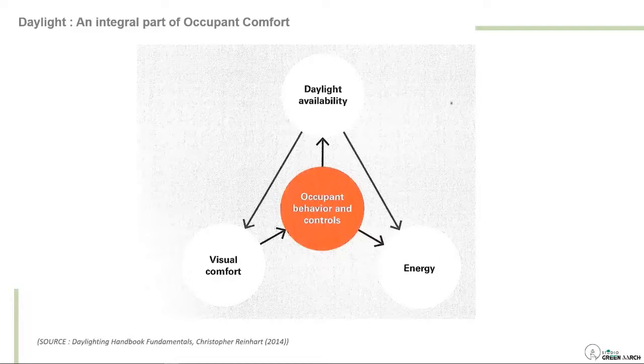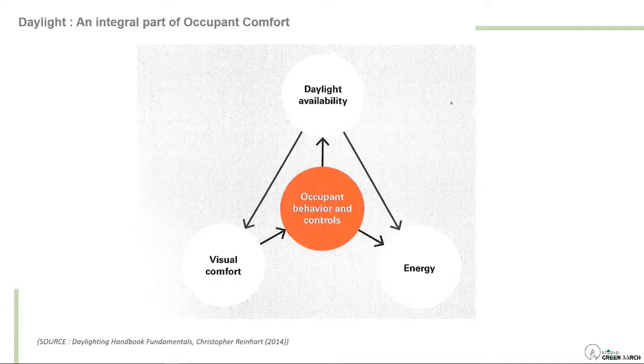For example, daylight availability is directly controlled by occupant behavior, and this occupant behavior will change the daylight concept, and this daylight concept will change the visual comfort, and this visual comfort will again affect the occupant behavior. So it is an integral part of the simulation we are talking about today.